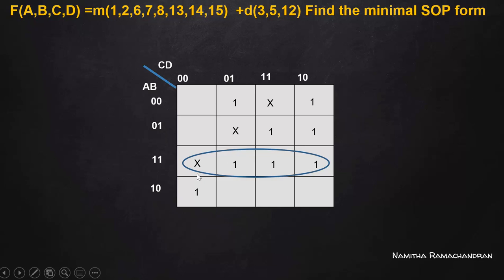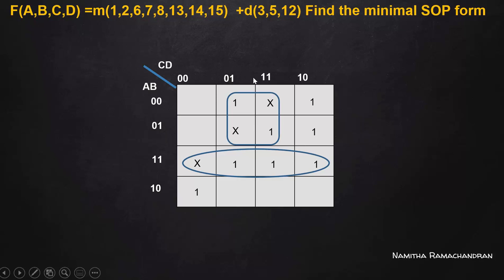While considering the don't cares, we can form a lengthier group here, and corresponding to this, we can generate a more simplified minimal form.